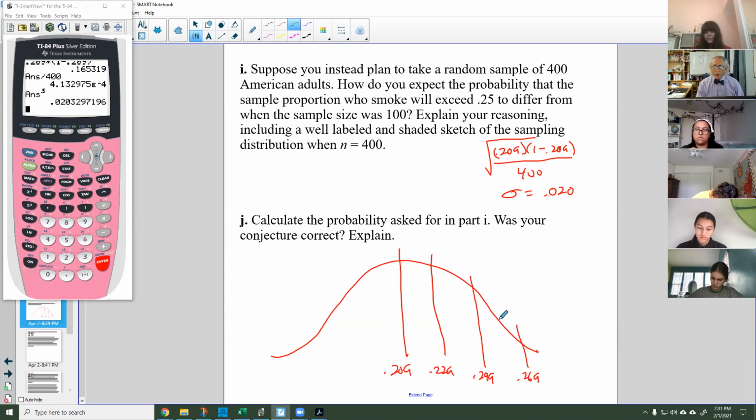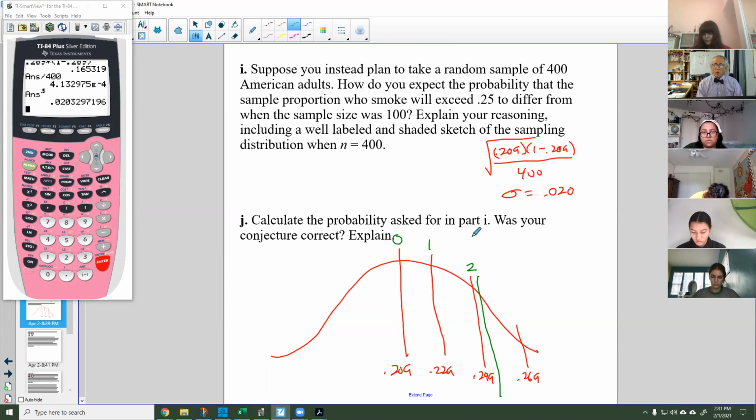I know that 0.250 is a little bit to this side of 0.249. Everybody see that? If this is 0 standard deviations and this is 1 and this is 2, in the last problem I was way over here at 1. It's going to be a much smaller number now because I'm at the second standard deviation.